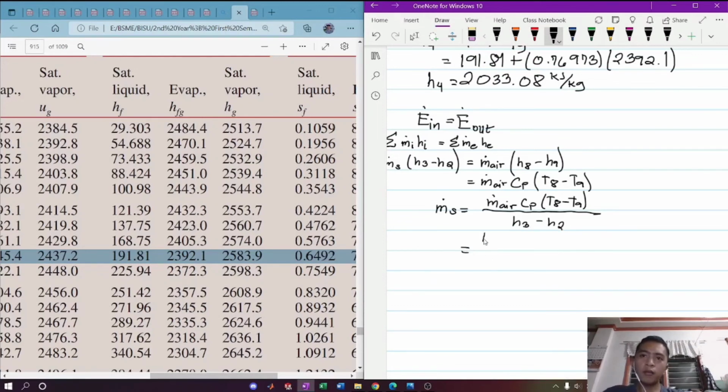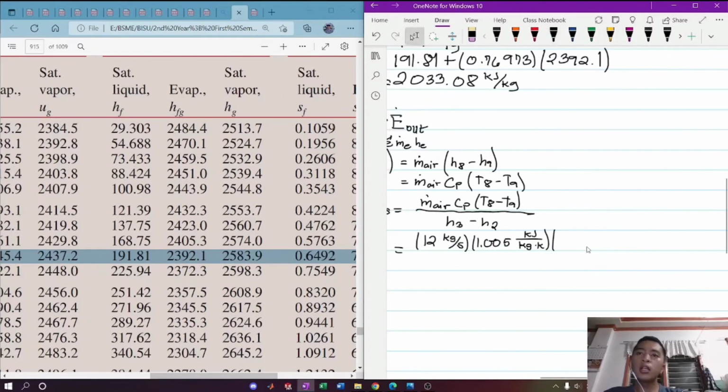So you have say 12 kilograms per second times 1.005 kilojoules per kilogram times Kelvin. So ito pong units kaya makabata kasi ito ang makansel o dili.